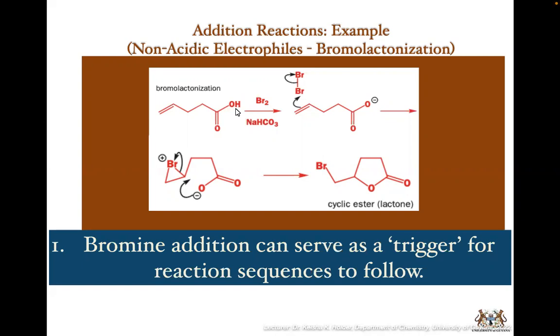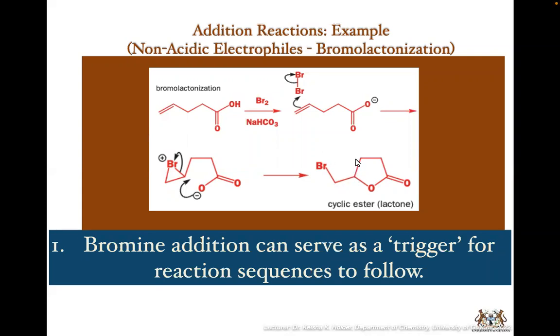Once we remove this proton, the nucleophilicity went up by leaps and bounds, and it would therefore be a really good nucleophile that could open up this bromonium species, leading to the corresponding cyclized product.